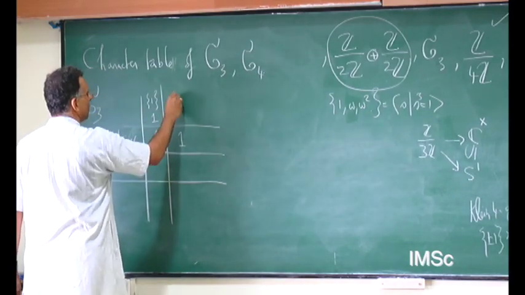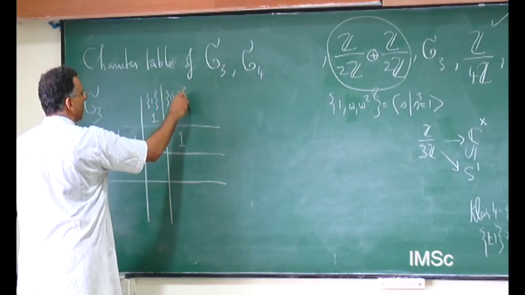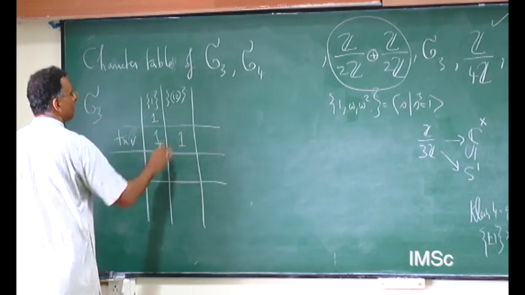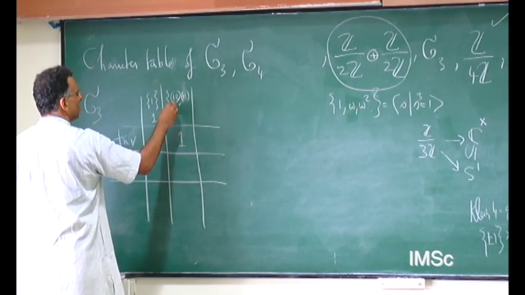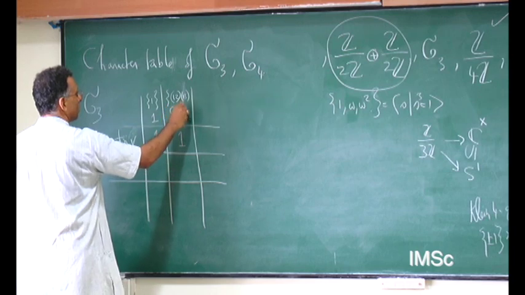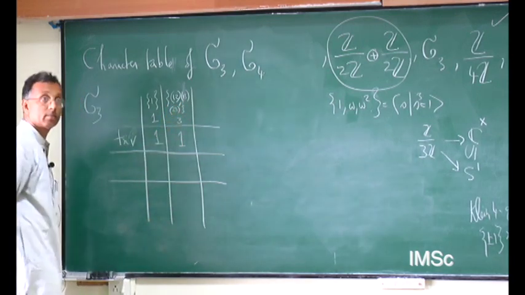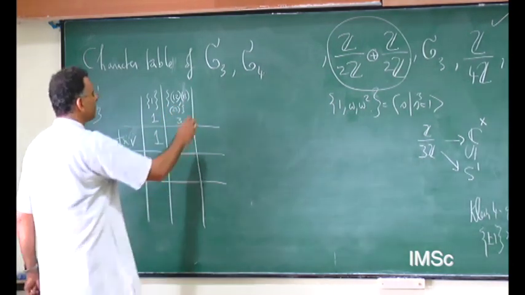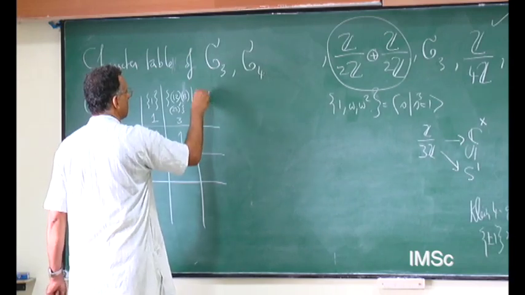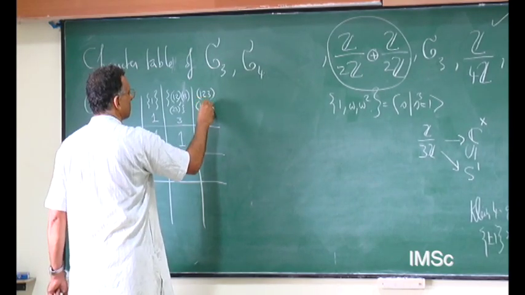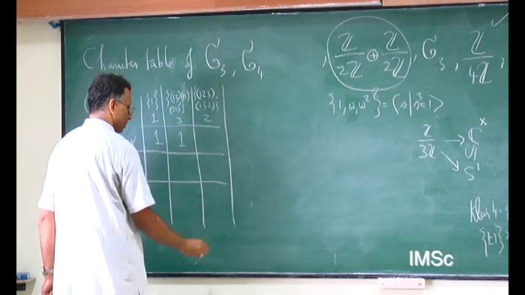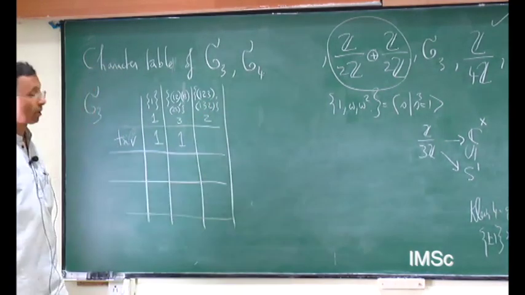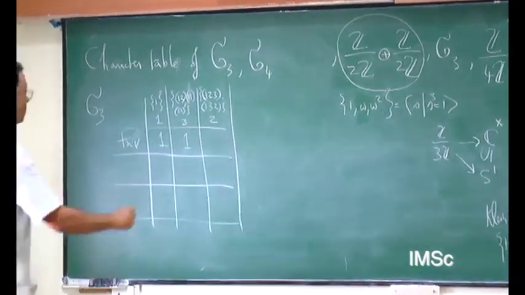I will represent the conjugacy classes. This is a conjugacy class, it has 3 elements, and this is a conjugacy class, it has 2 elements. Of course, here it is 1, 1, 1.